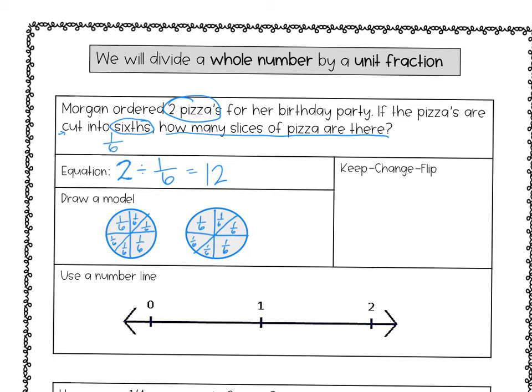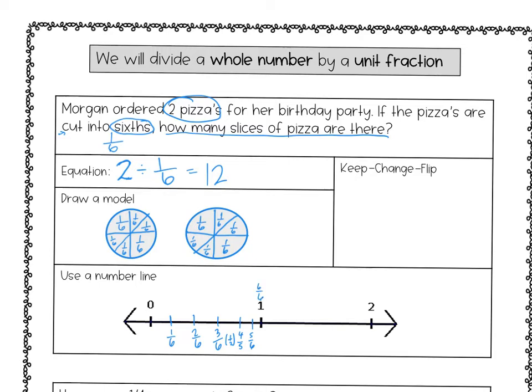So 0 to 1 is 1 pizza, 1 to 2 is 2 pizzas, and we want to cut this into 6. So between 0 and 1, I'm going to have 1/6, 2/6, 3/6, which is also 1/2, 4/6, 5/6, and then 6/6, which is 1 whole.